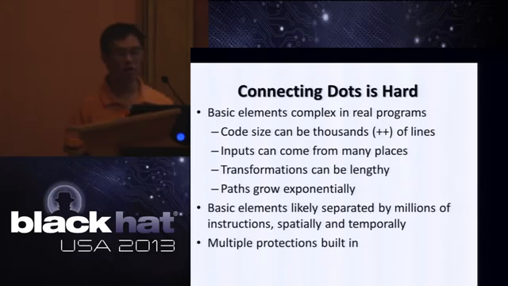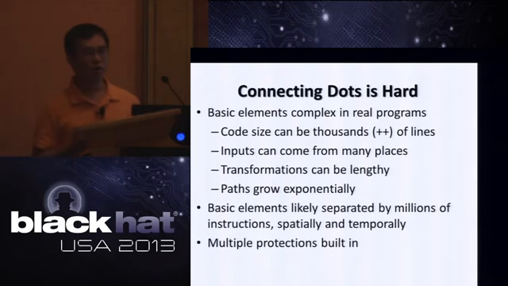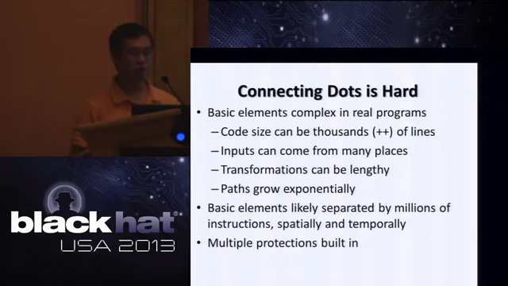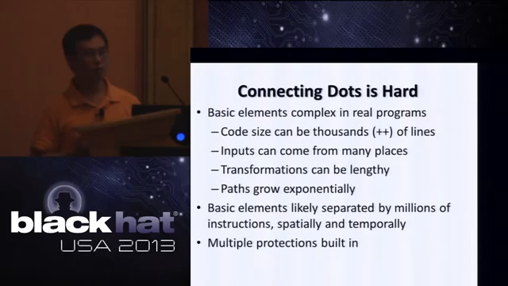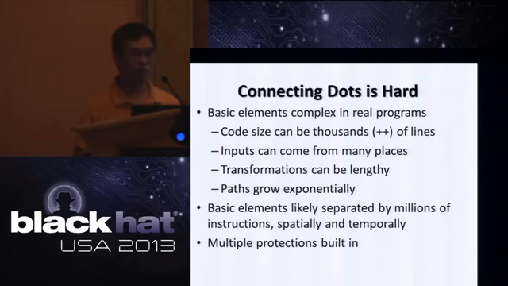But in real-world programs, all these basic elements can be complicated. For example, the code size can be big. The inputs can be plentiful and come from all different sources. And the transformation code can be lengthy.